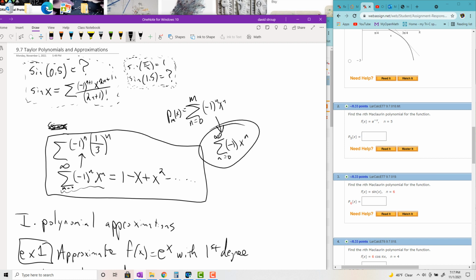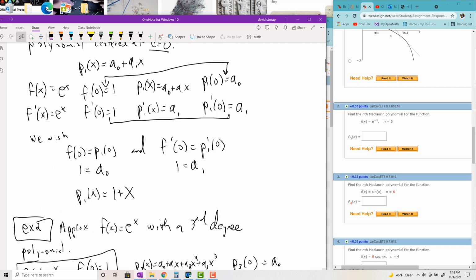It turns out that in special cases this will actually equal the function, and then we need to figure out for which values of x it will work. So you'll get what's called an interval of convergence.